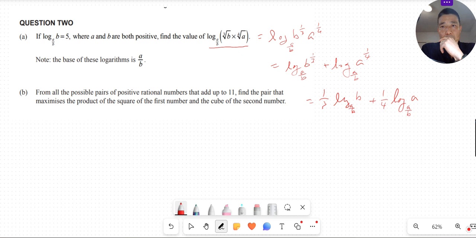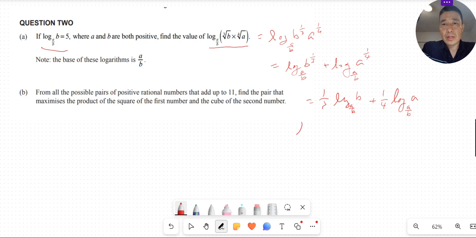So well, we got this. This is a 5, but we don't know log a to the base of a over b, right? But I'm sure we can find it out from here. That is a clue. Let me put it this way.